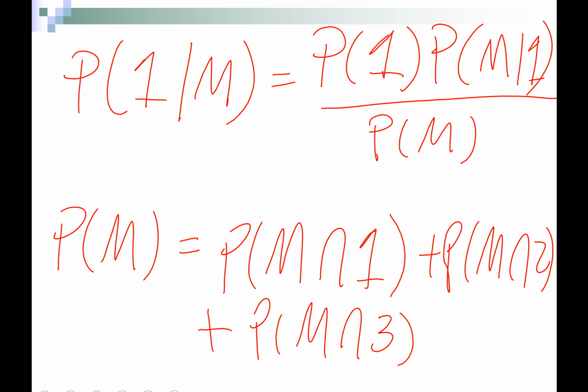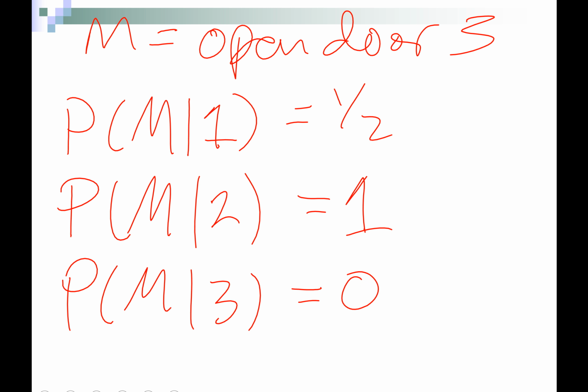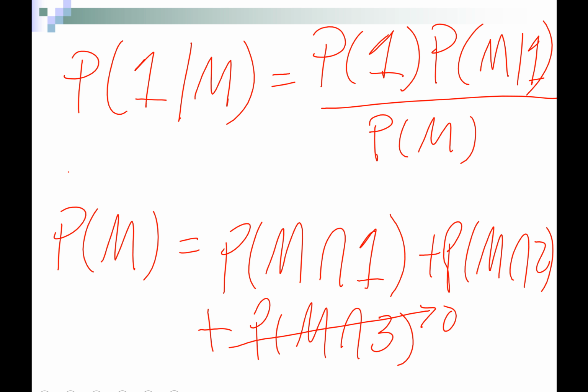So we know this last part is 0, right? And so we can use this information here and here in order to figure out this probability here.